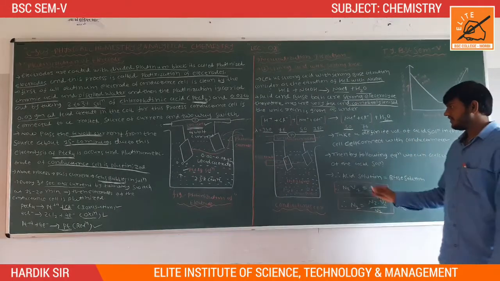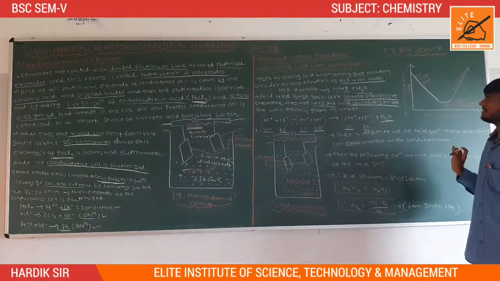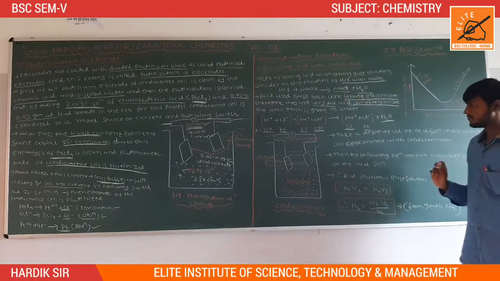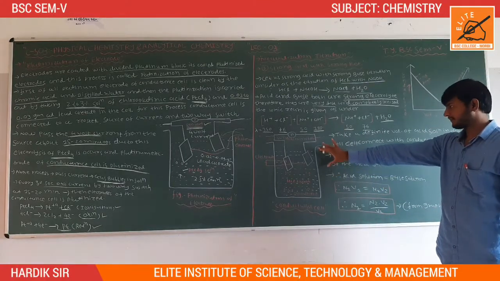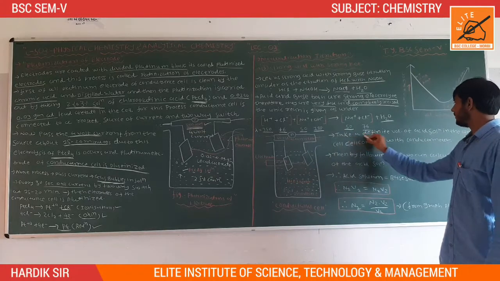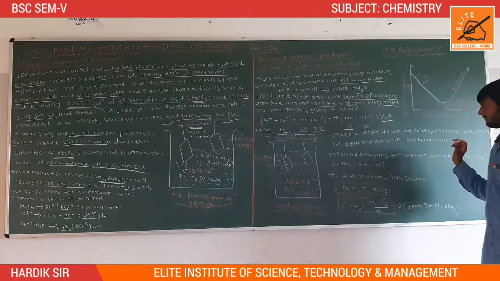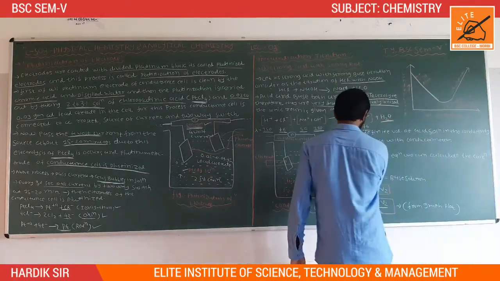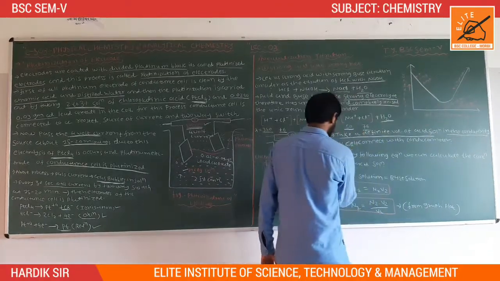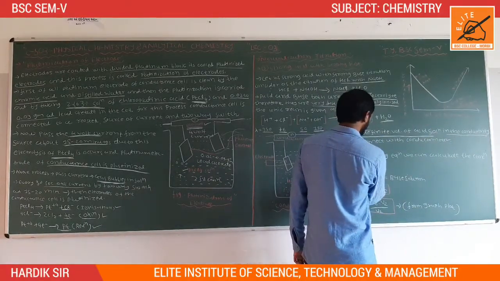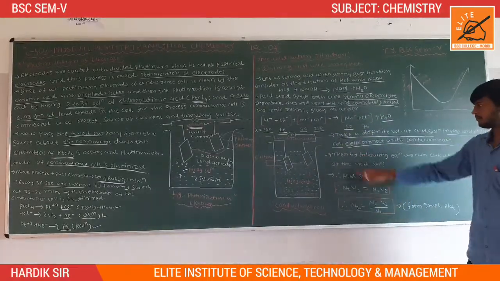Now we will study the conductance cell for the strong acid with strong base neutralization titration. First of all, imagine the conductance cell. Take a definite volume of an acid solution in the conductivity cell, and the cell is connected with the conductometer.